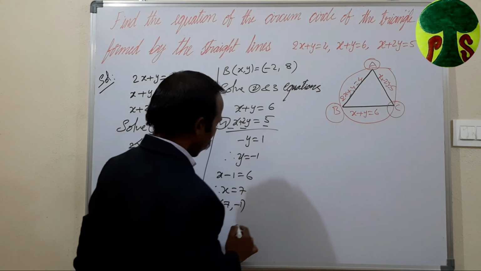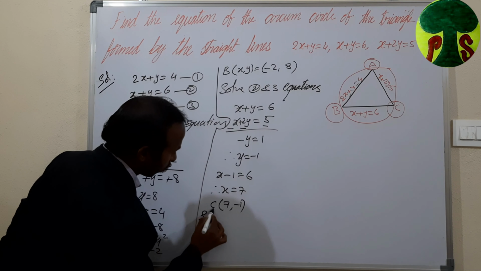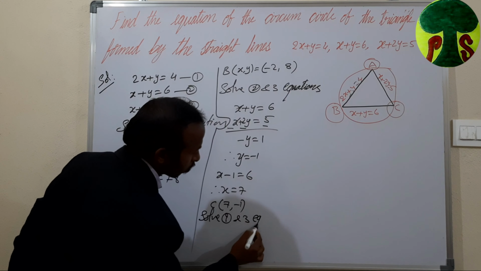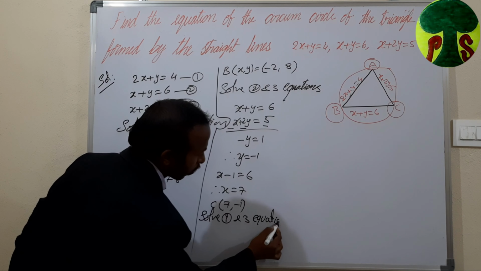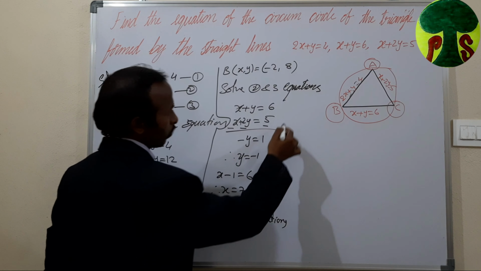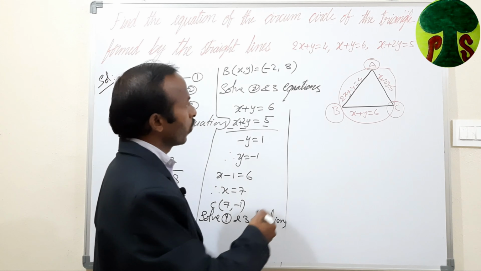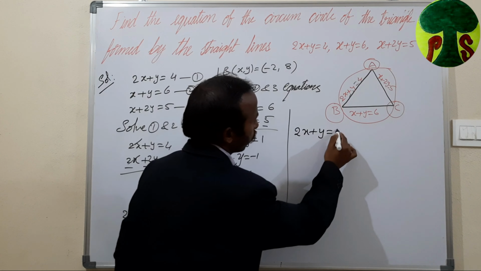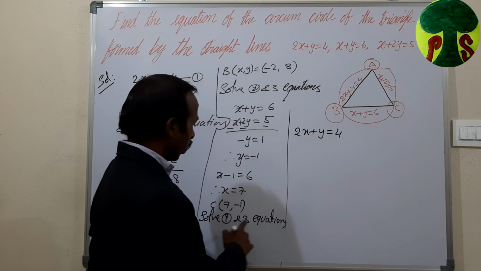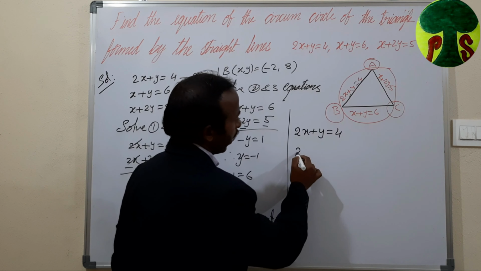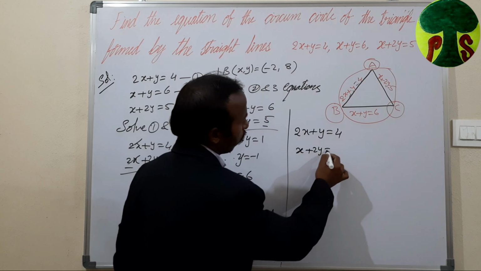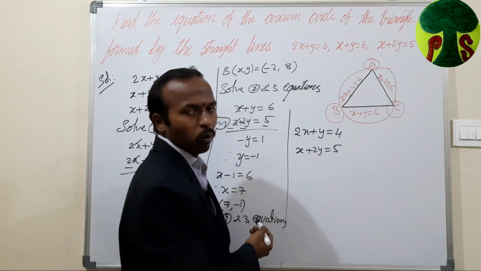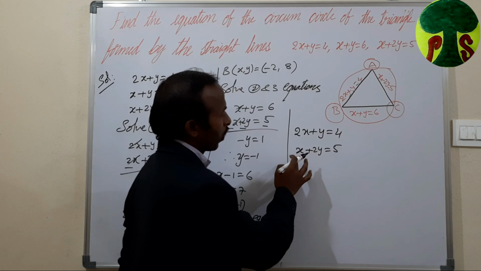So here solve the first and third equations. The first equation is 2x plus y equal to 4. The third equation is x plus 2y equal to 5. To eliminate one variable, the coefficients are different.